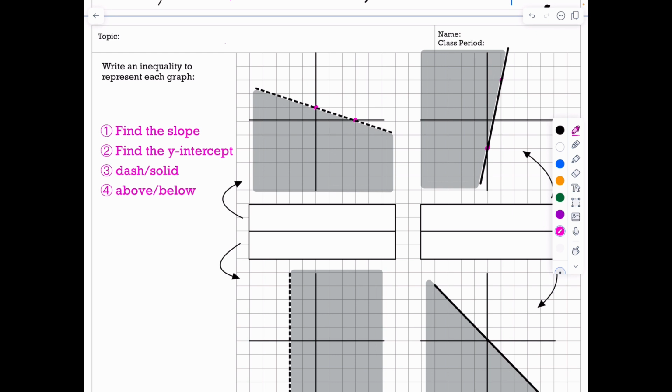All right, so the first one here, we'll start with the slope. To get from point to point right here, I go up 1 over 3. It has a negative slope, so -1/3. My y-intercept is at the point 0, 1. It's a dashed line, and it's shaded below.